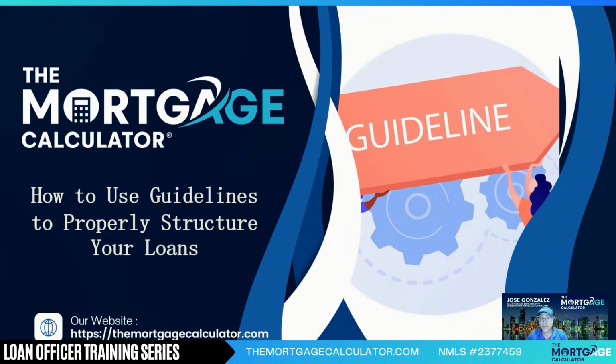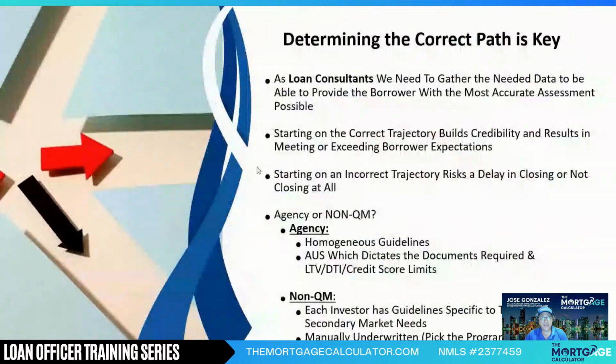That is why we are able to cater to such a wide range of borrowers, right? We are not just about agency loans. We have agency plus non-QM, fix and flip, ground up construction, commercial, and we know how to use it. That's the key. That is why we're having tonight's training on guidelines.